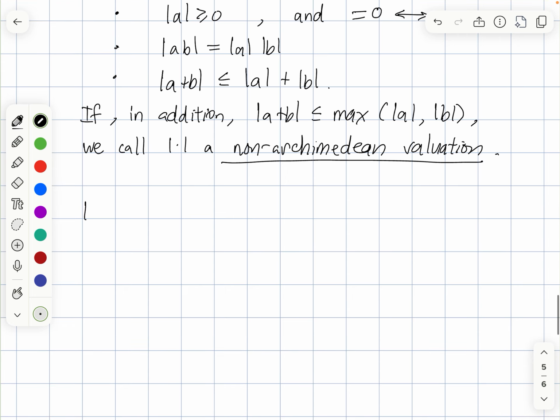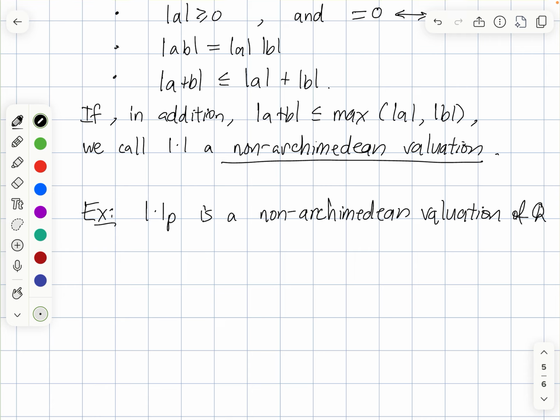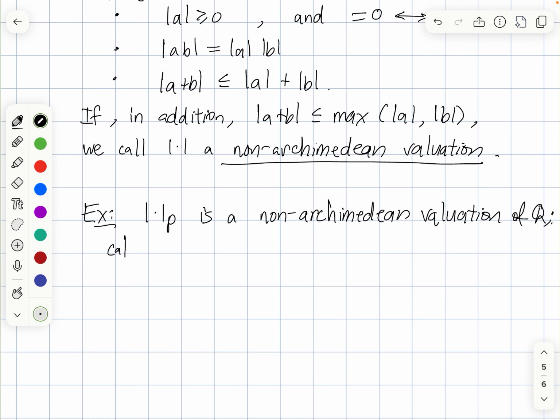And we've seen an example of a non-Archimedean valuation. The p-adic valuation is a non-Archimedean valuation of Q, and we call it the p-adic valuation.